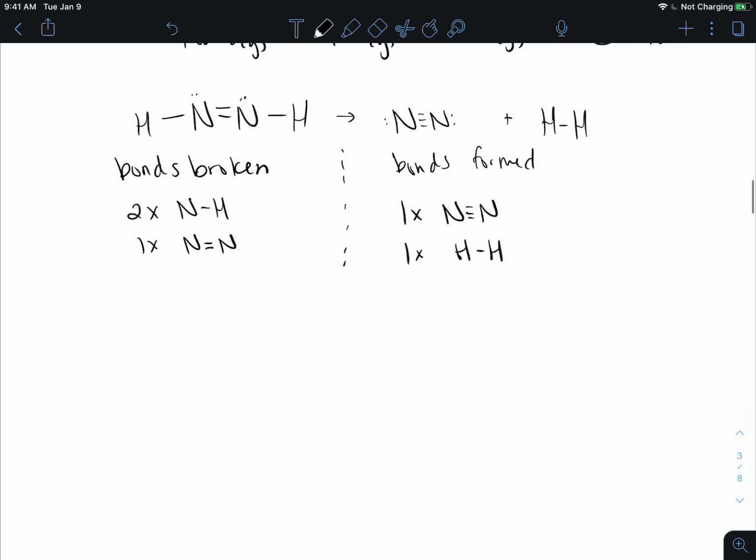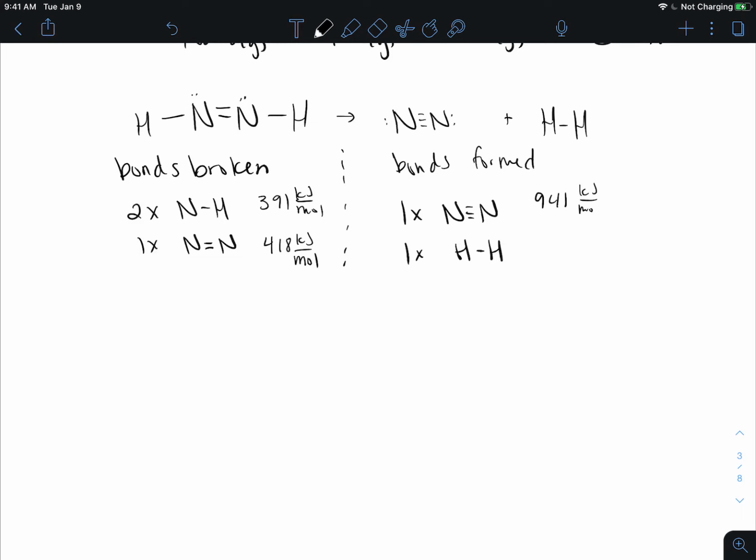What we'll find is that an NH bond has an energy of 391 kilojoules per mole. A nitrogen-nitrogen double bond is going to have an energy of 418 kilojoules per mole. Then a nitrogen-nitrogen triple bond is 941 kilojoules per mole.